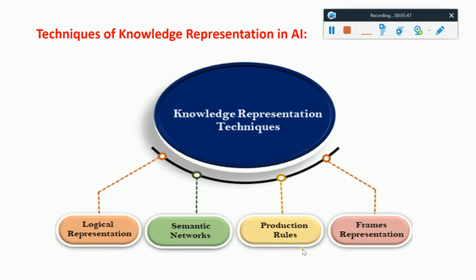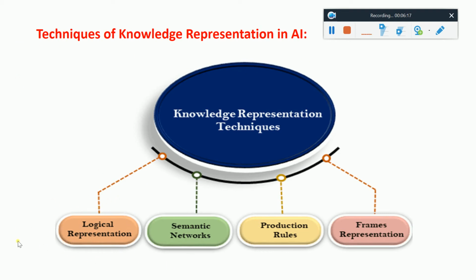In the problem solution through searching, we have already used those production rules, and we have created these production rules for some common games like missionaries and cannibals, water jug problem, and so on. So we will start from these techniques.